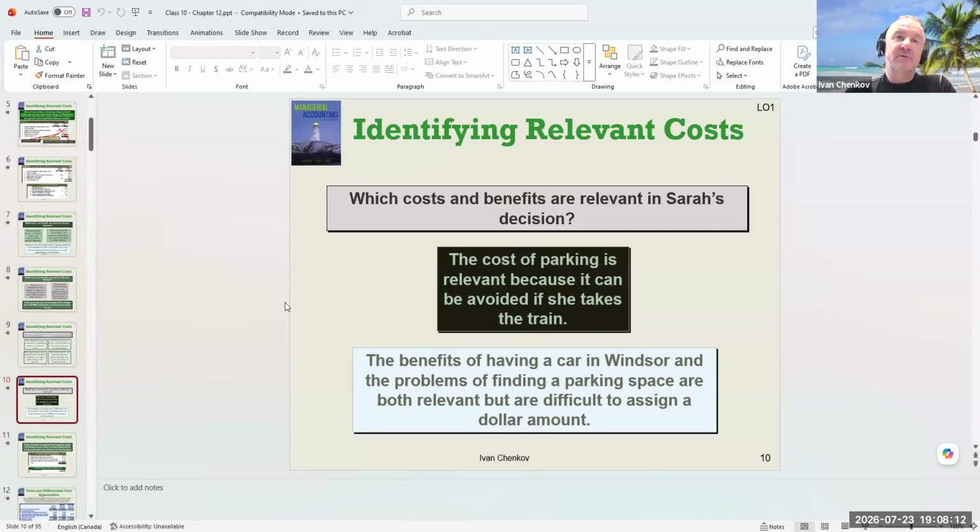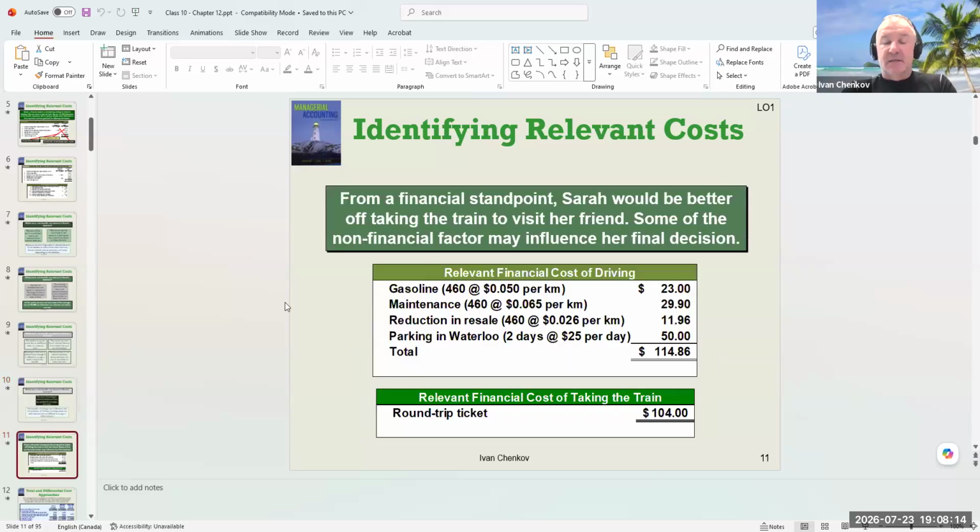So for that reason, it's going to disappear. After we do this analysis and bring only the costs that are left, we find out that if she has to drive 460 kilometers, 230 back and forth, it's going to cost a total of $114.86. A round trip ticket is $104.